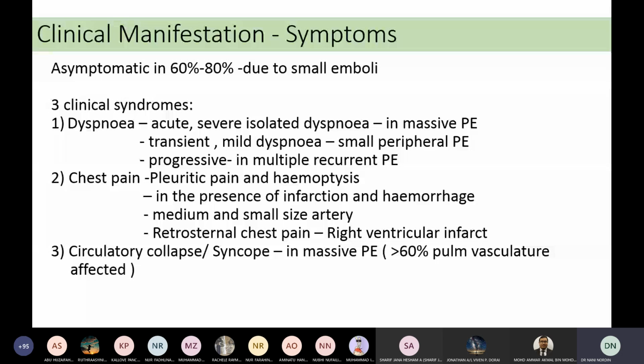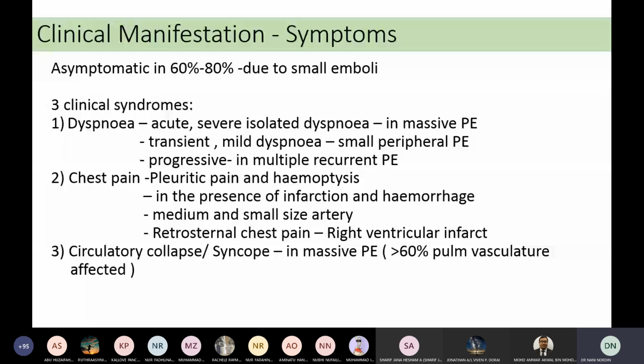In a small peripheral PE, you can have a transient dyspnea, because we're talking about a small area which is perhaps not ventilated. You can also have a progressive kind of dyspnea.